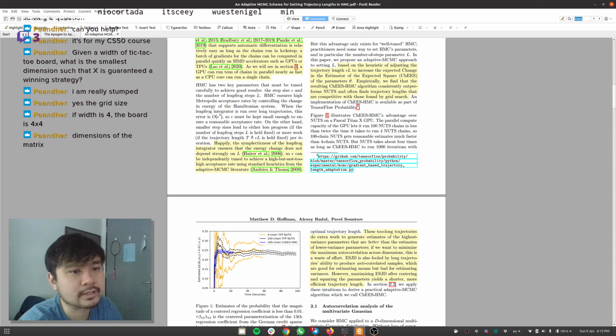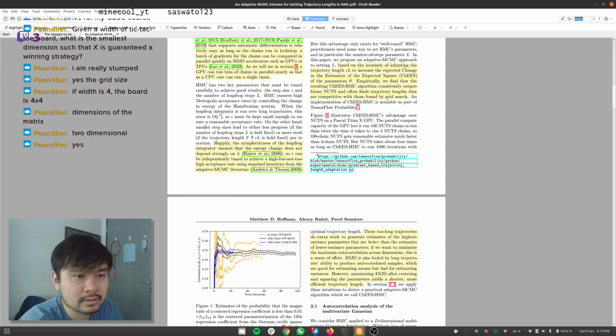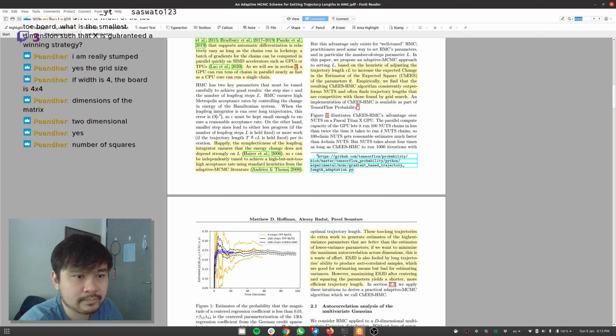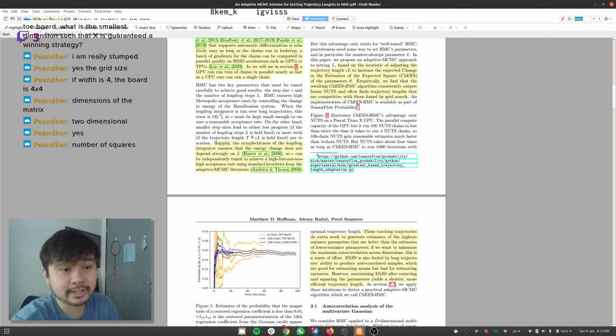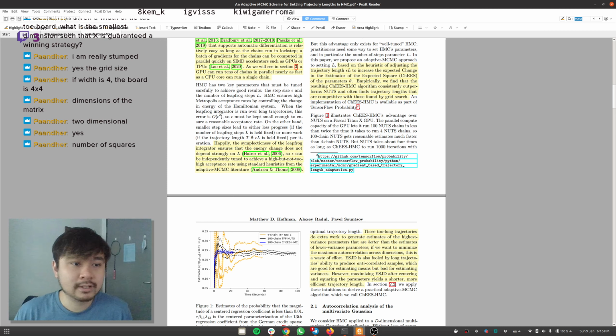Okay, so the width is a number of squares. 2-dimensional. Dimensions of the matrix, 2-dimensional. Huh? Yes, number of squares. Wait, but isn't the number of squares directly given by the dimensions? Given by the width? Sorry, do you understand what I'm asking here? Because I'm not very clear with your setup.